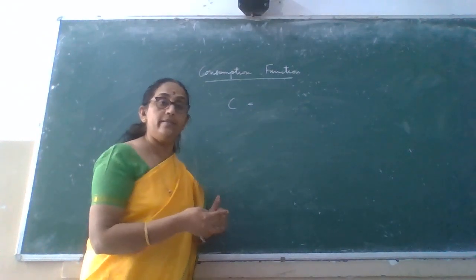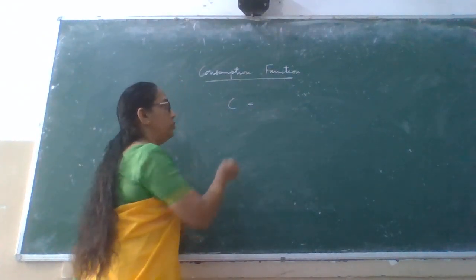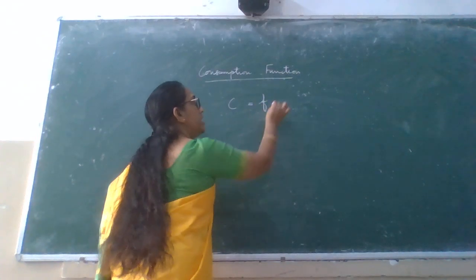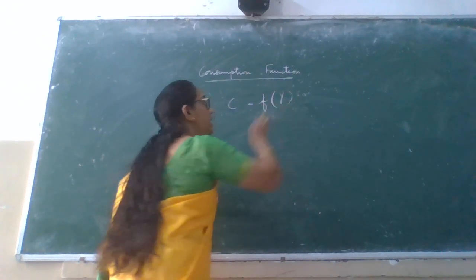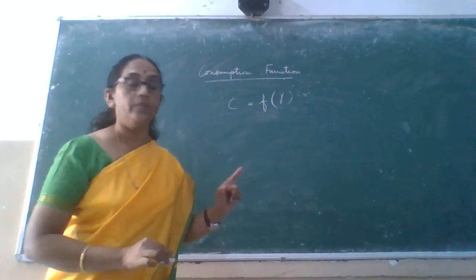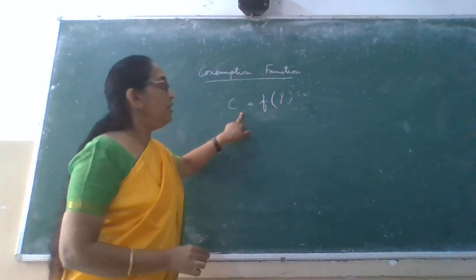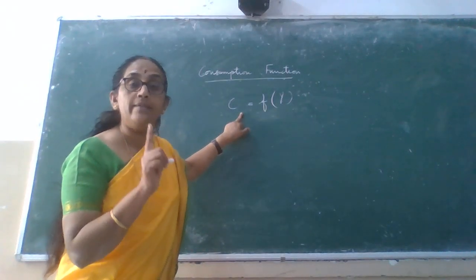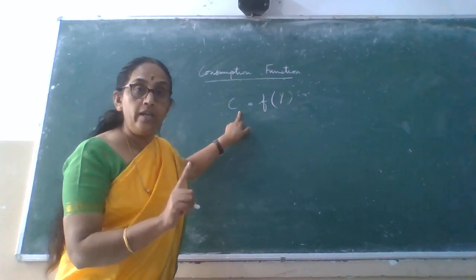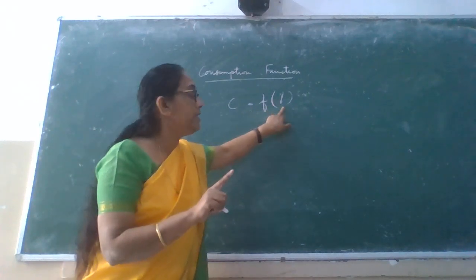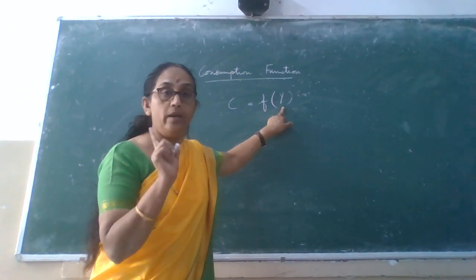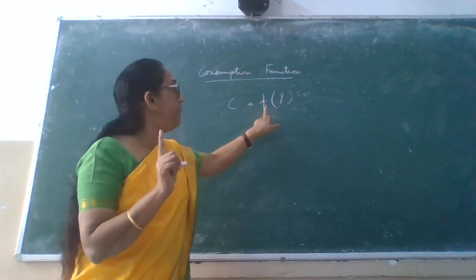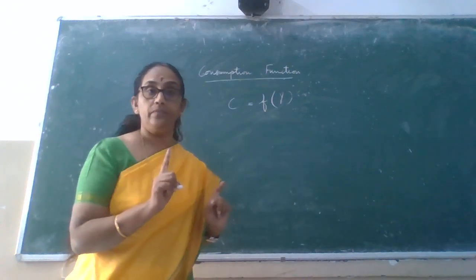In other words, consumption function shows the functional relationship between consumption and the level of income. So this functional relationship establishes that consumption depends on the income level of that economy. Consumption is a function of income.